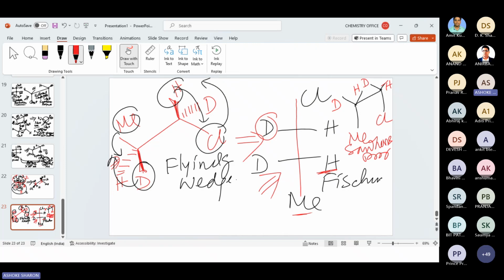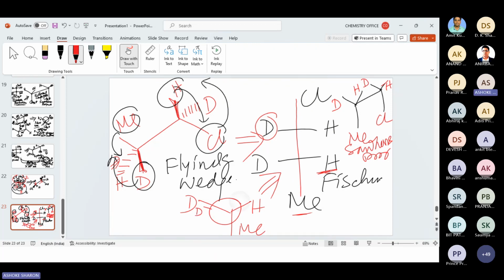Now, if I told you to draw a Newman projection formula from here, you can draw it again. This carbon is my first carbon: deuterium, hydrogen, and methyl. The back carbon, what you observe is deuterium, hydrogen, and chloride. So that one also we can draw this way. This is deuterium.